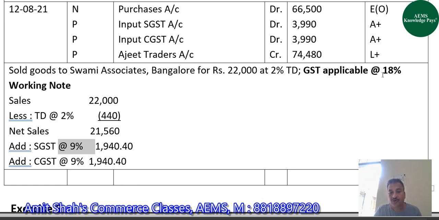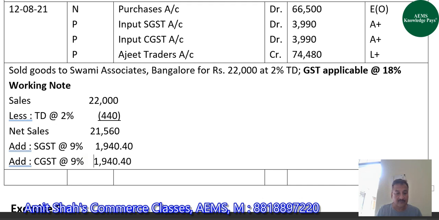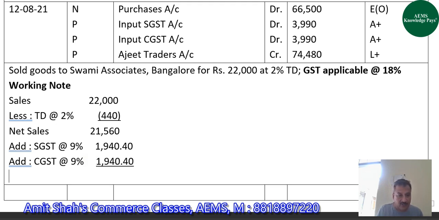Yes, because total GST is 18%, so half of that, that is 9%, will go to SGST and remaining half will go to CGST. Yes, sir. It means total amount that we have to collect is how much total? 25,440.8.